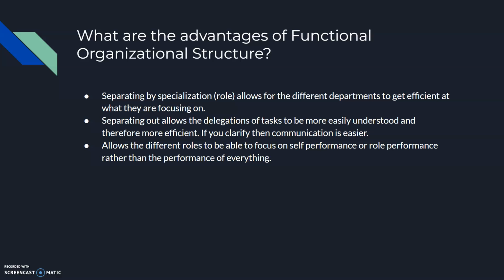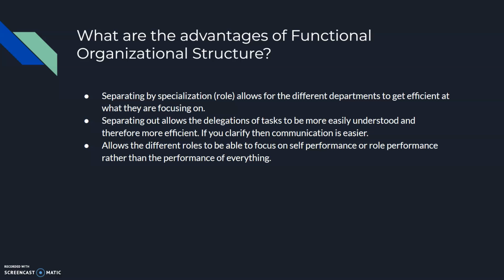Finally, as I touched on earlier, it allows different roles to focus on self-performance or role performance rather than the performance of everything. If they're not worried about what each department is doing, it will allow them to do their specific job better. Teachers aren't in charge of making sure that all the financial reasons are covered for the school. Janitors aren't in charge of teaching the students history homework.